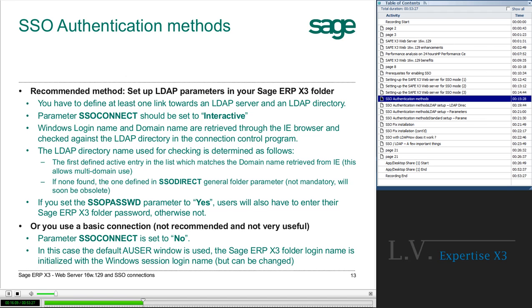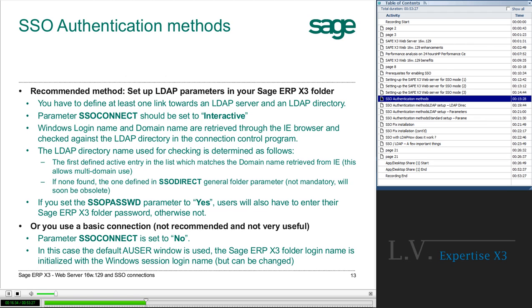In this case, you will have to use the parameter that is called SSO connect. It's a parameter we will see after, which is on the supervisor module in the security chapter. And for this SSO connect, you have two values that are usable. There is no or interactive.